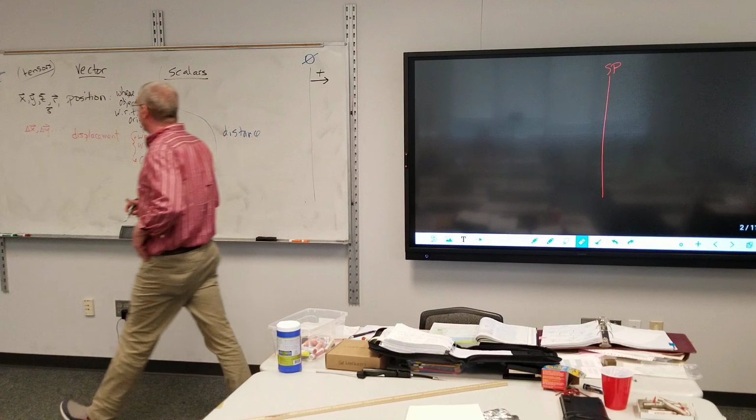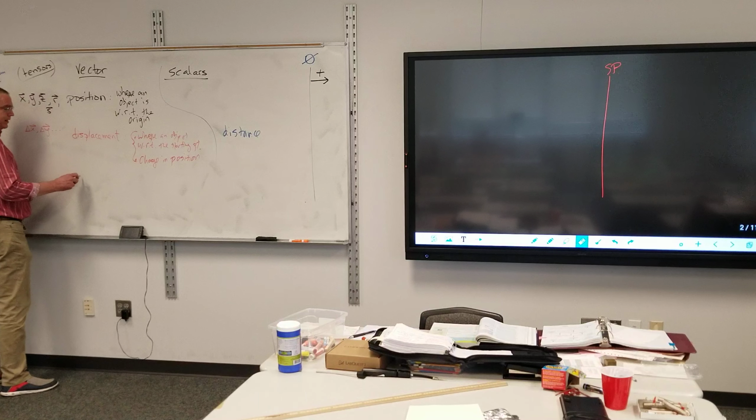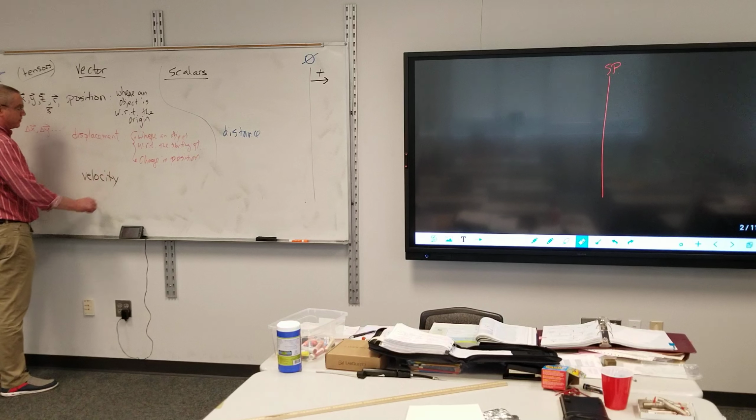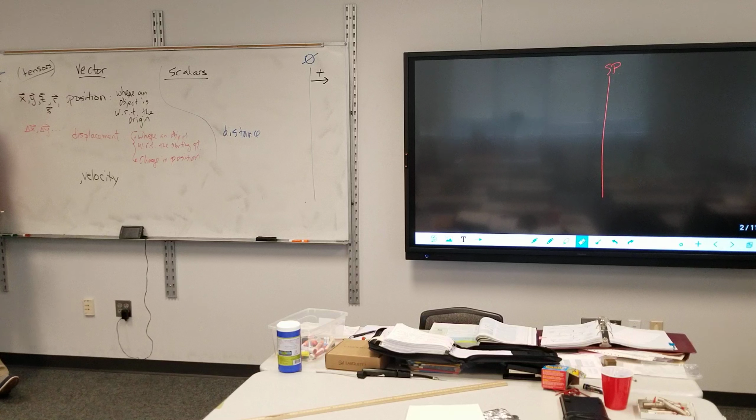All right. The next vector quantity that we're going to deal with here is velocity. When you see the word velocity, automatically think, that's a vector. The symbol used for velocity is a V with a vector symbol over it.